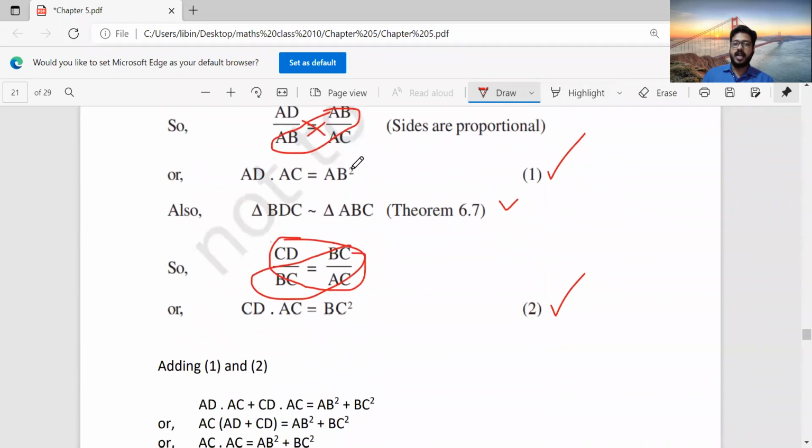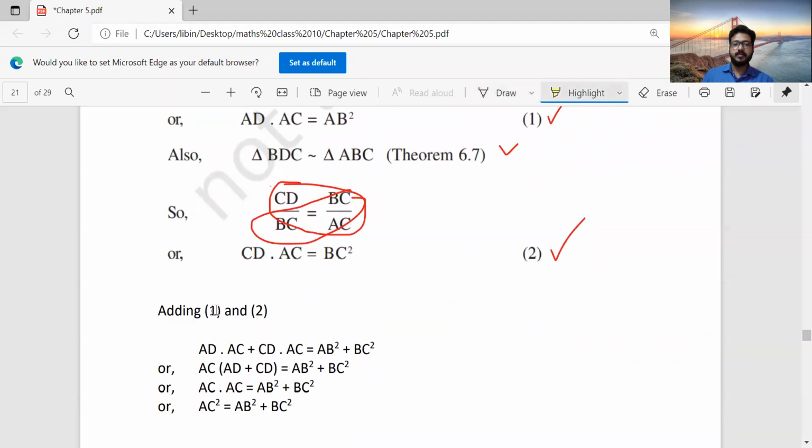Now we are just adding equation 1 and equation 2. So AD into AC plus CD into AC is equal to AB squared plus BC squared. Now we have AC common, so we take AC outside: AC into (AD plus CD) is equal to AB squared plus BC squared.